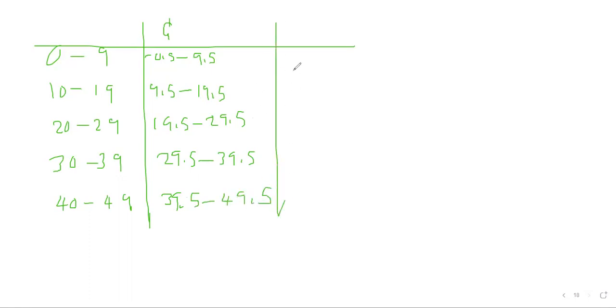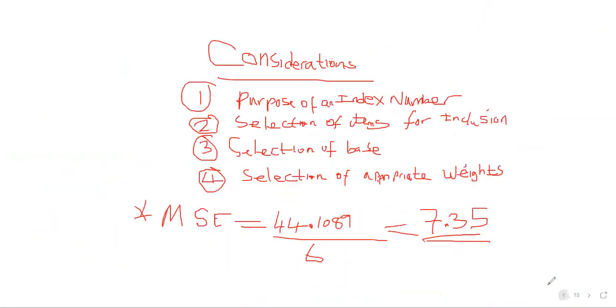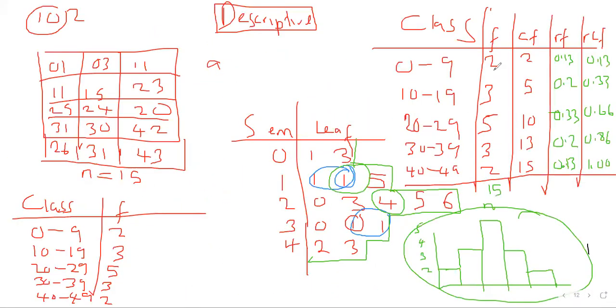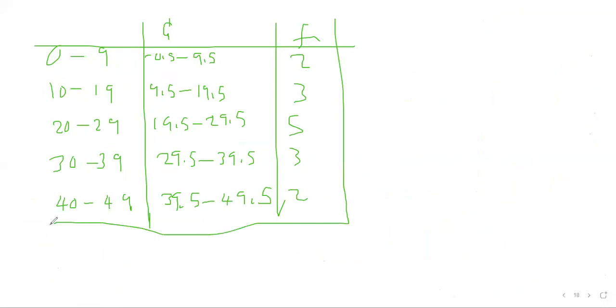And what were the classes of the frequencies? The frequencies were 2, 3, 5, 3, 2. So this is all you need to draw a histogram.